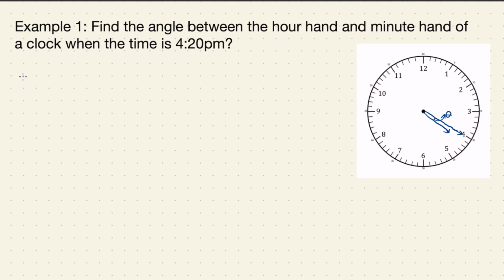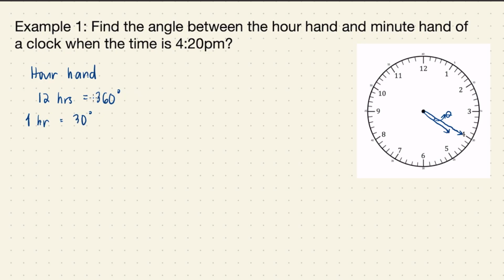Let's start with the hour hand. The hour hand goes through the whole clock in 12 hours, which is 360 degrees. So in 1 hour, the hour hand just travels 30 degrees.